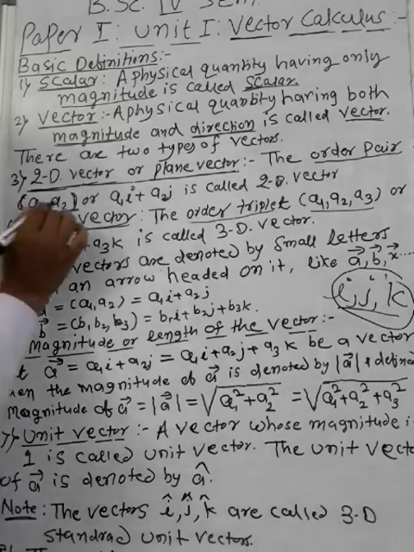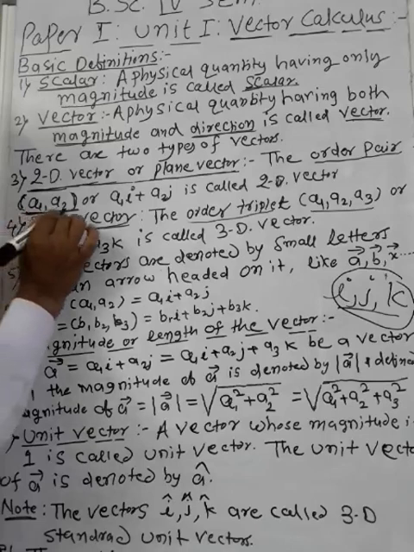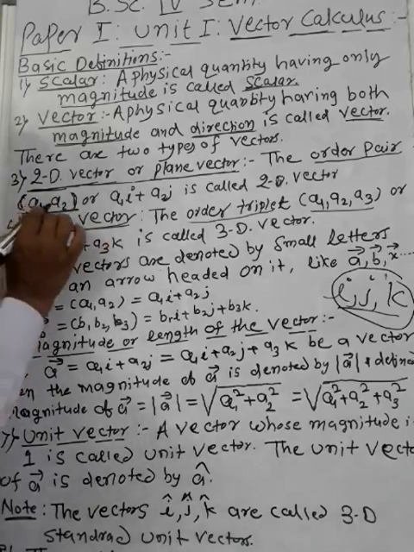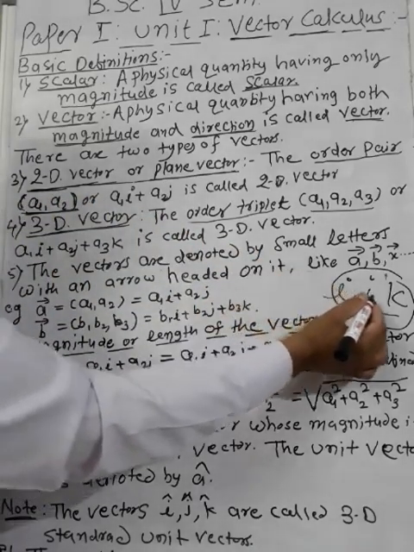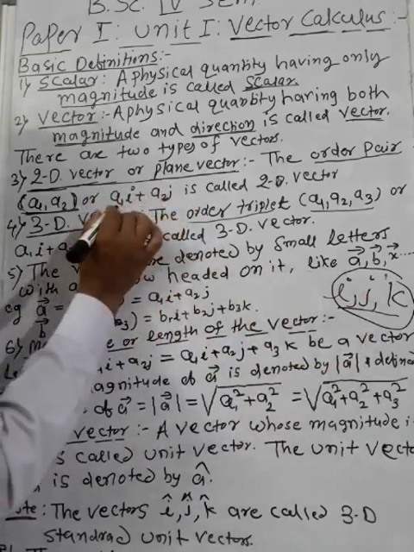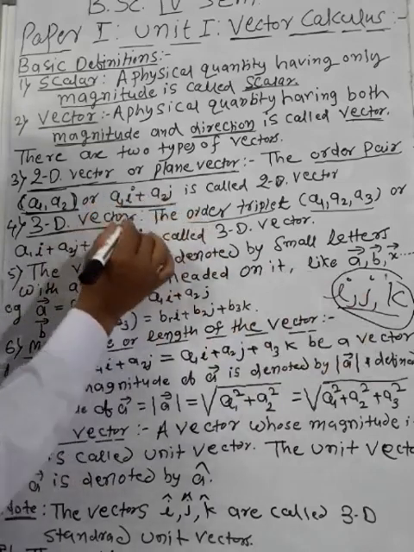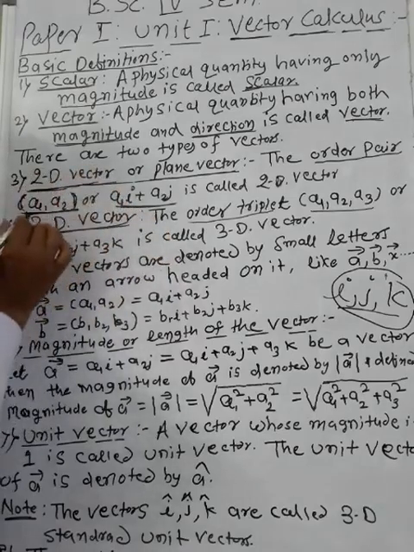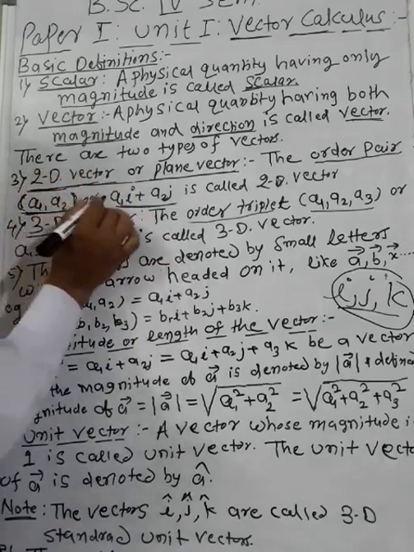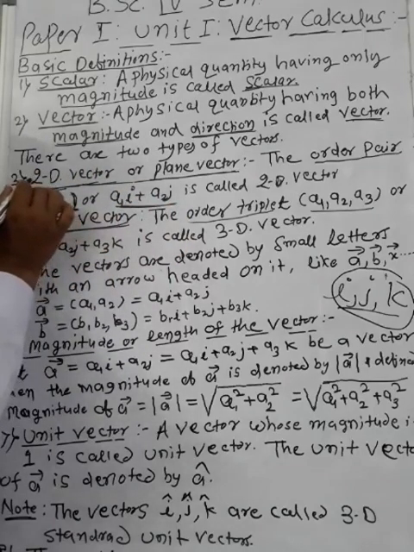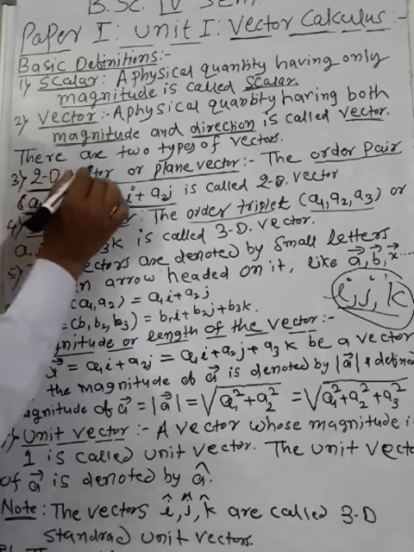Now a1, a2 is going to be a vector. This vector we can represent in terms of unit vectors as a1i plus a2j. a1i plus a2j is going to be the two-dimensional vector, and that is, a1, a2 or a1i plus a2j is going to be one type of vector, a two-dimensional vector.